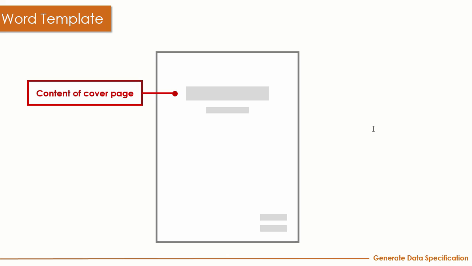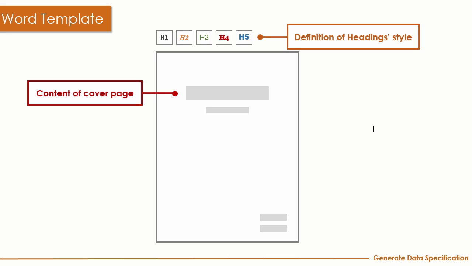To do that, we need to use the feature called Word template. The idea is you can specify the Microsoft Word. Listen carefully, it is a Microsoft Word, not Word template. It is a docx file. You can define the cover page. You can define the header style of your document.